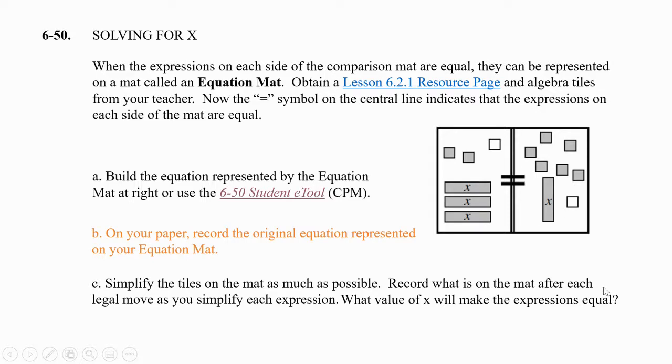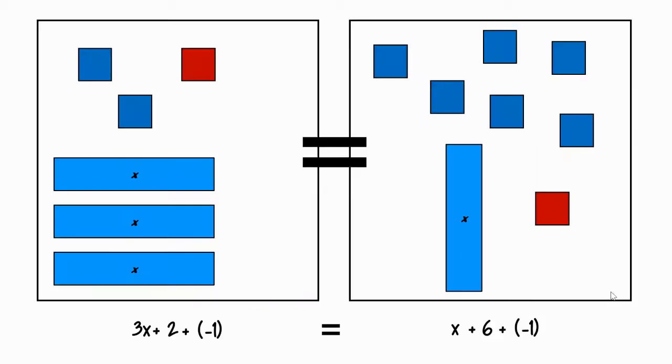All right, so let's move on to C. We're going to simplify the tiles on the mat as much as possible. So our first step is to combine like terms. On the left side, I can combine my positive unit square and my negative unit square because 1 plus negative 1 is 0, so these cancel each other out.